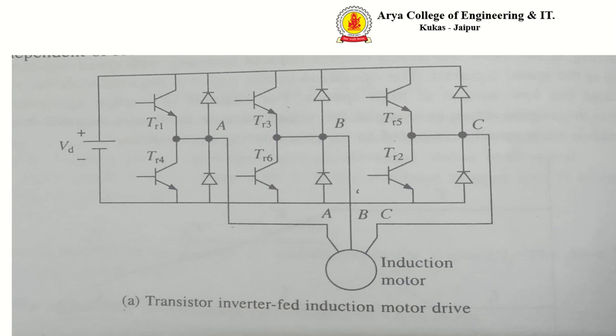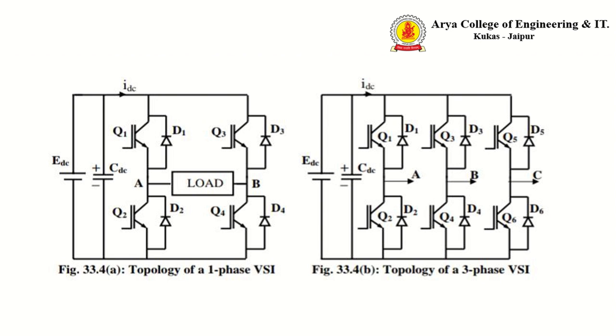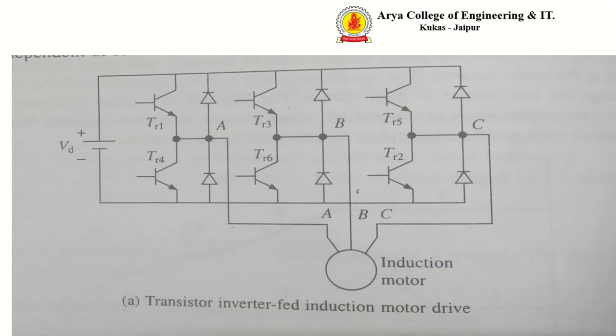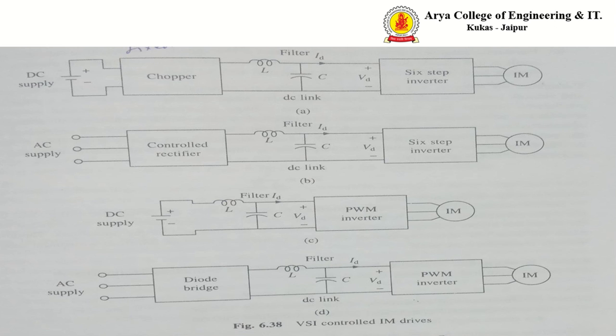In the fourth configuration, the AC supply is the source. The AC supply feeds a diode bridge, and the diode bridge converts it to DC. Then it is filtered by the DC link filter, and the DC link feeds the pulse width modulation inverter, which is directly connected to the induction motor.